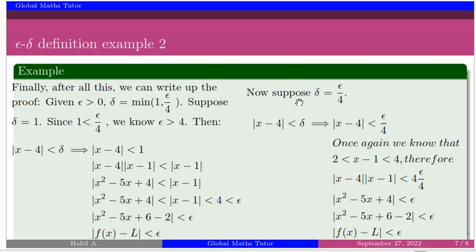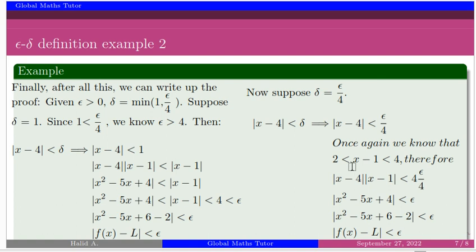So let's write it. If the minimum is epsilon over 4, that means we start from |x minus 4| less than delta, and our delta is now chosen as epsilon over 4. So once again, we know that |x minus 1| is in the range of 2 and 4.